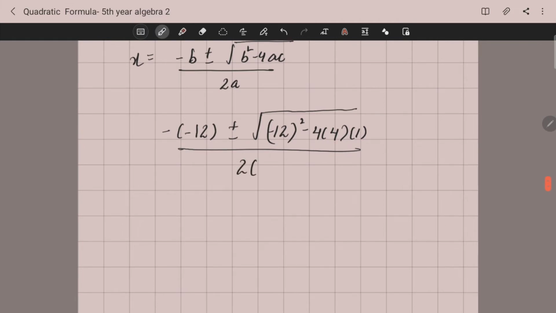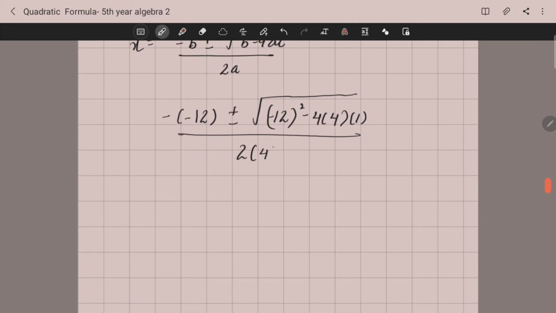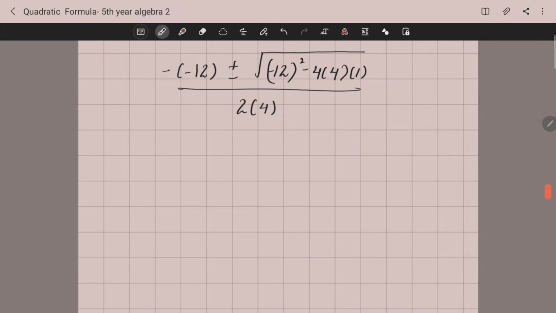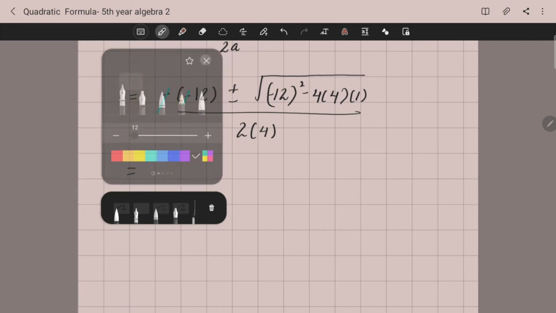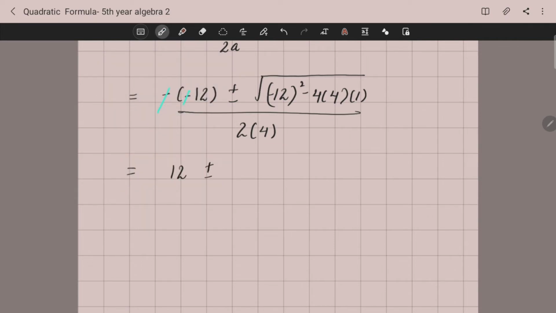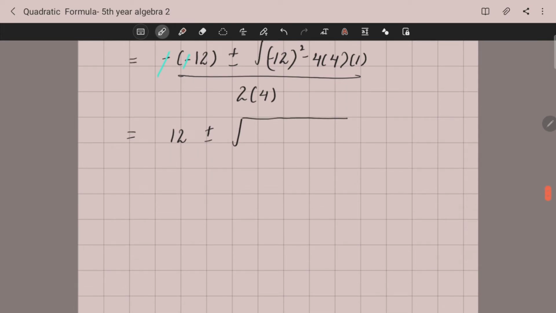What is our a? A is 4. And now we will do the calculation. We know minus minus cancel, it will become positive, so we are left with positive 12, and the square of any negative number is positive, so minus 12 square is 144, minus 4 4s are 16, 16 into 1 is 16, and 2 into 4 is 8.